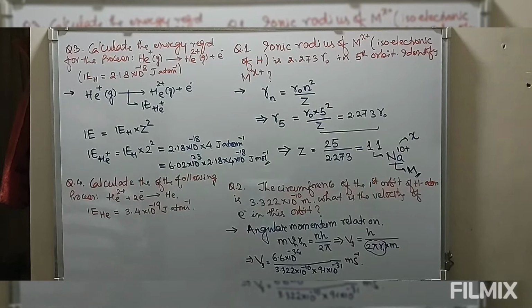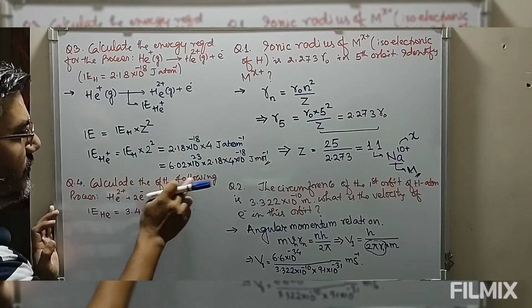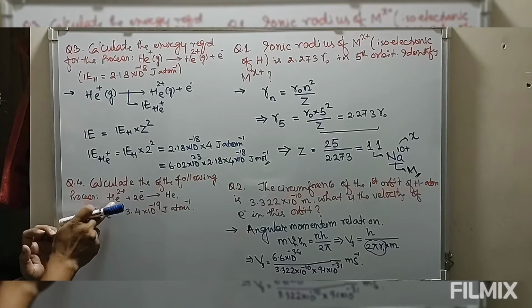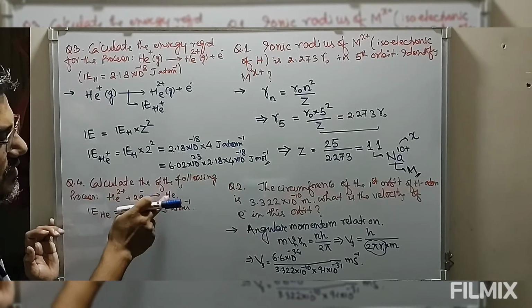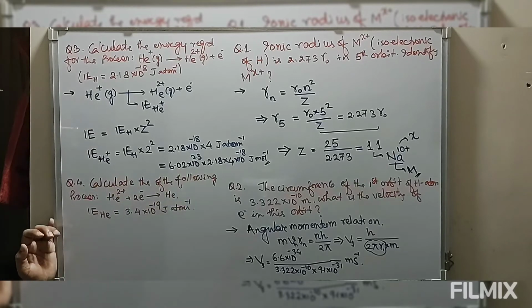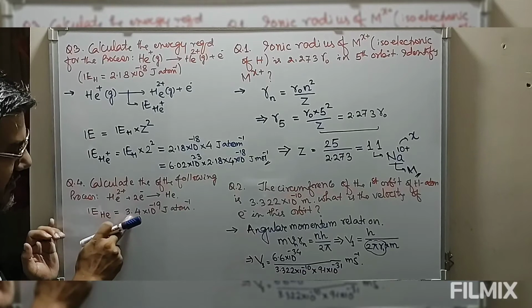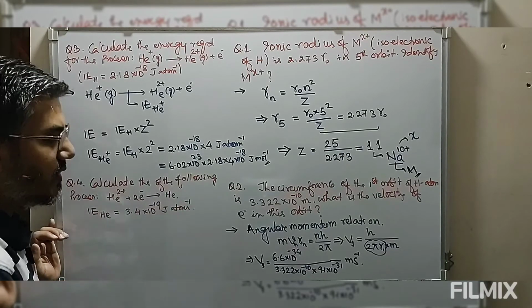Now the next problem says: calculate the energy of the following process. Helium plus 2 electrons is to be converted into helium. The question says the ionization energy of helium is 3.4 into 10 to the power minus 19 joule per atom.